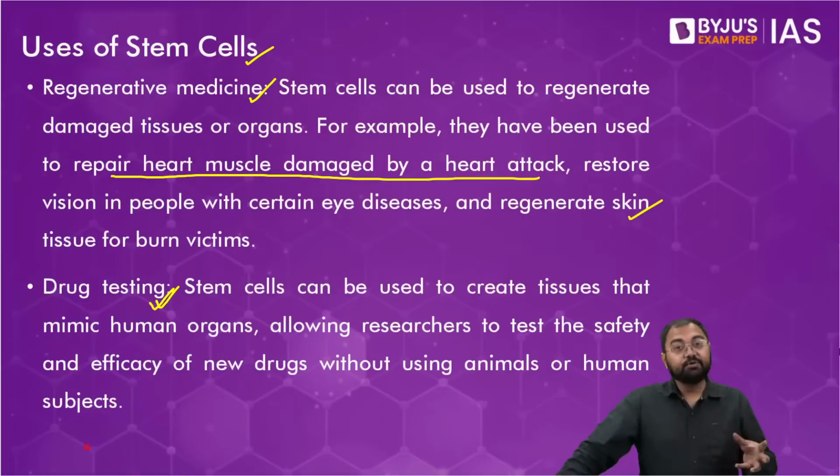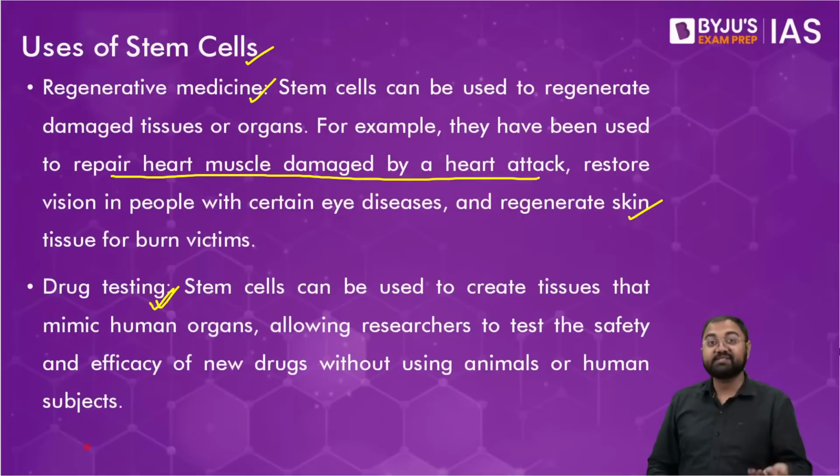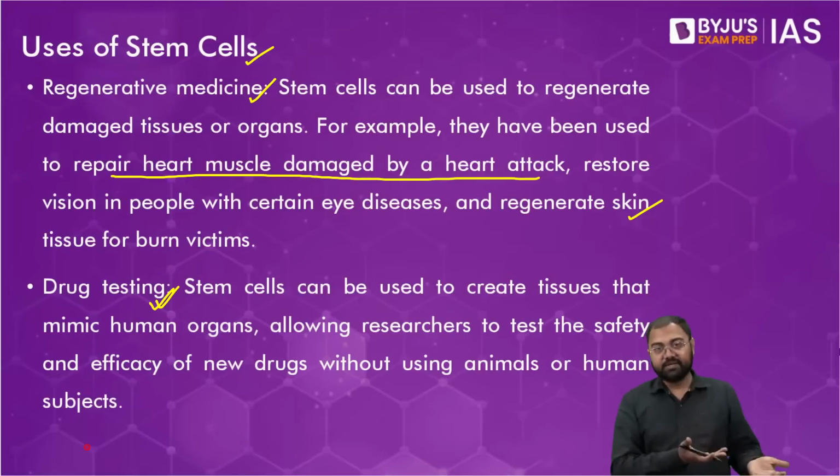So instead of doing these tests on a person, we can do all these drug tests, or even for that matter the testing of vaccines, on stem cells, or rather the created tissues or organs made out of the stem cells. So the drug testing can be done there, and that's why it will be safer, at least. Otherwise you would have done it on a person.